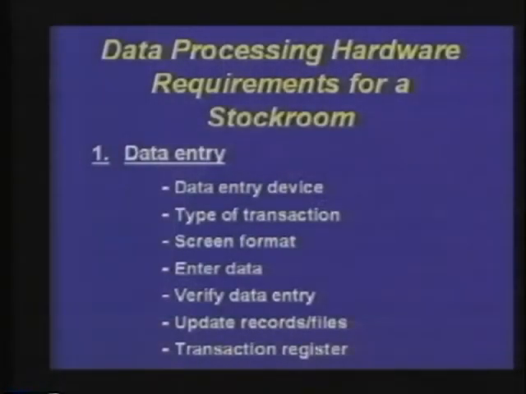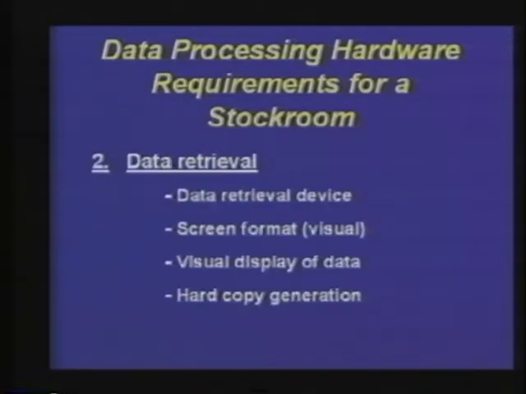As far as hardware is concerned, there are several types of hardware to consider. One would be data entry. Now, data entry can be developed either through a terminal or through a barcode reader. Data retrieval can be done through a terminal where all I want to do is look at some information.